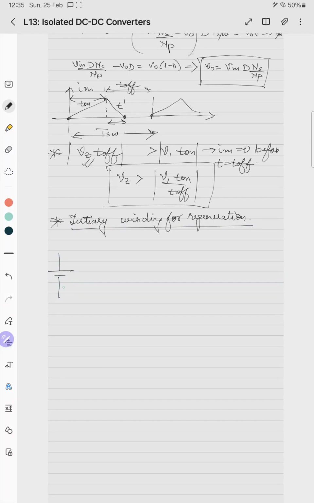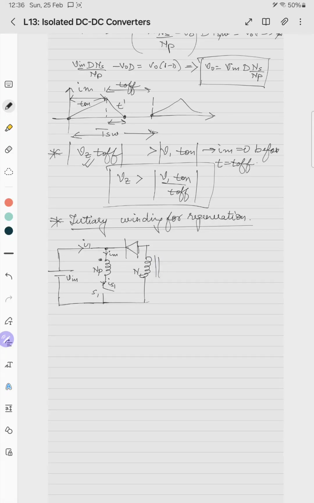This becomes V in, this is S1, this is NP. Here I am not drawing IM, but assume that this is IM, this is I1, IS1, and then we should have a diode. This is NT, the tertiary winding.